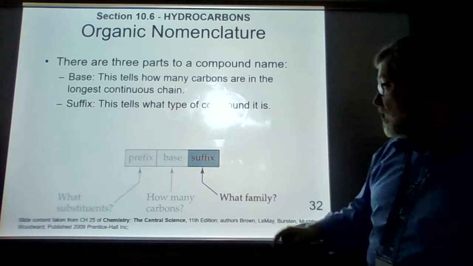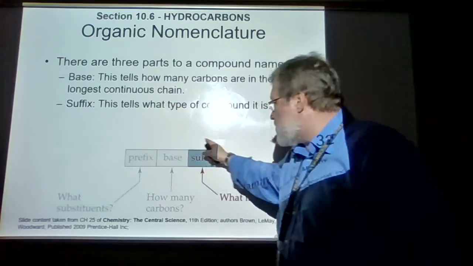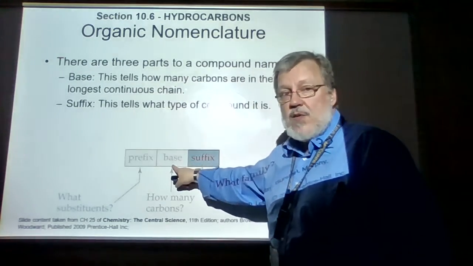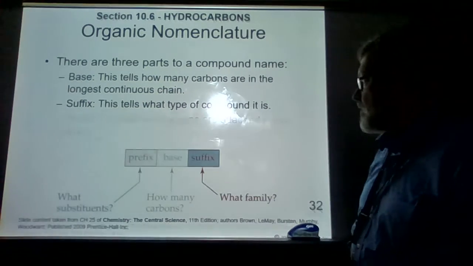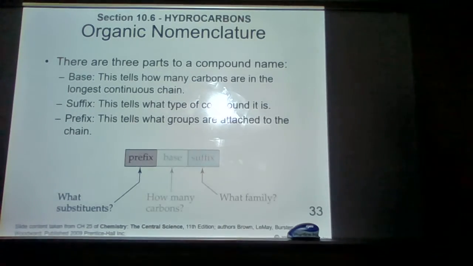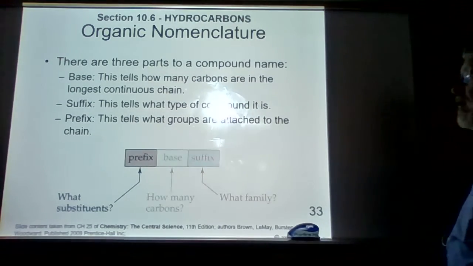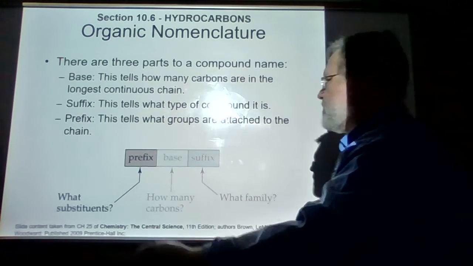If it's a ketone, the ending is one. So there are a bunch of different endings that you can attach to the base, how many carbons, to further identify what compound this exactly is. Then there's the prefix. This tells what and where things are attached along the carbon chain.